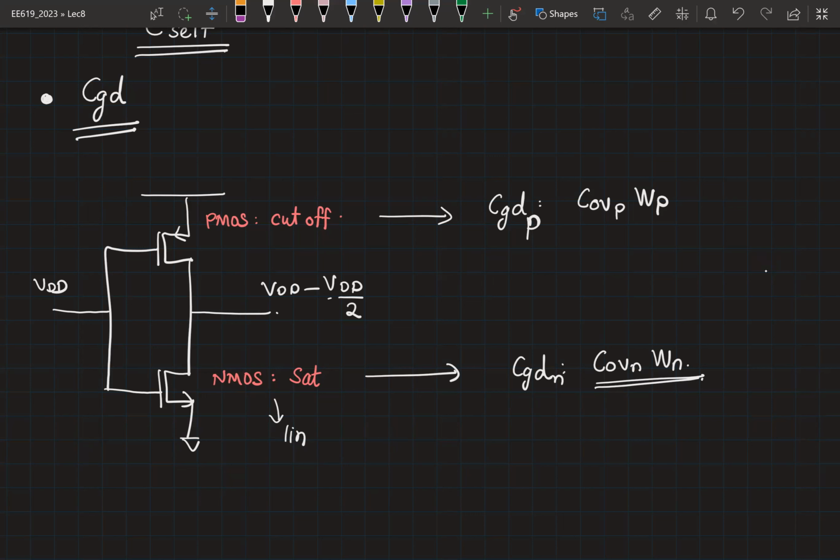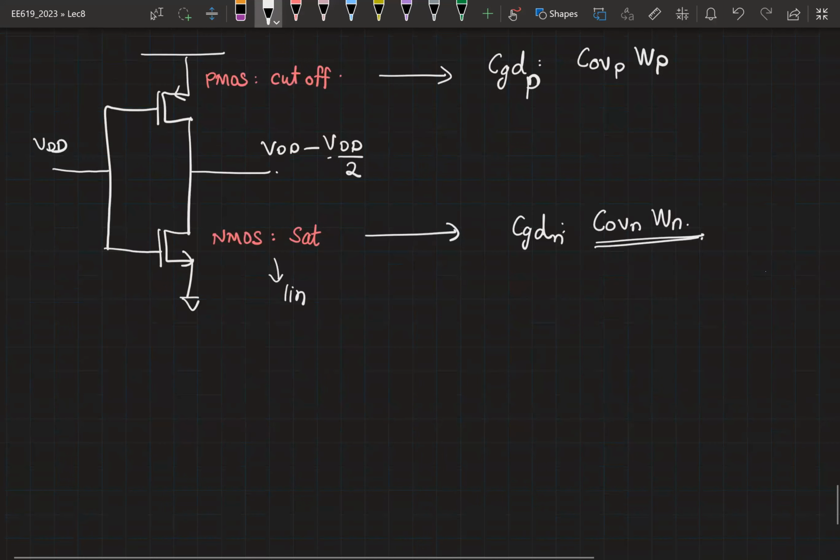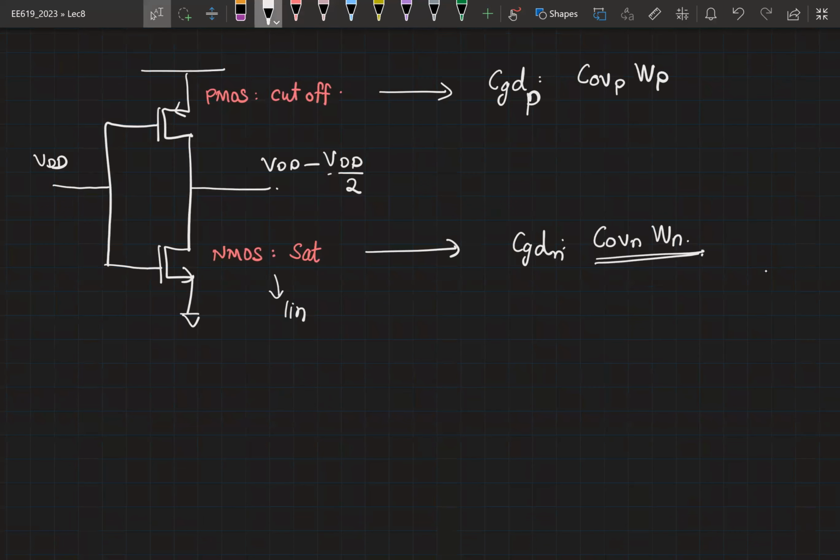But a very good approximation is to simply say that the total CGDN is the overlap capacitance. Okay. So this solves part of our problem. Now we know that the total CGD capacitance is simply the summation of both. So we have now found out a capacitance that lies between the gate and the drain.